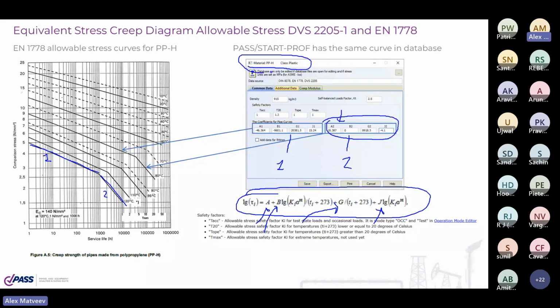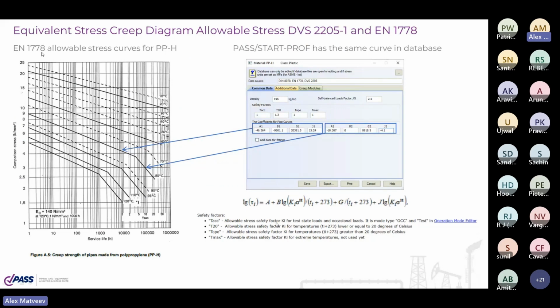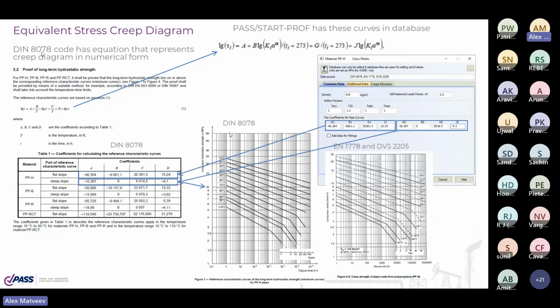So this is the material database in START-PROF for thermoplastic piping. For example, we can use the DIN code, this one, and the curves are the same as in the European code and as in the DVS code, but in this code you can find the values of these parameters for this characteristic equation.